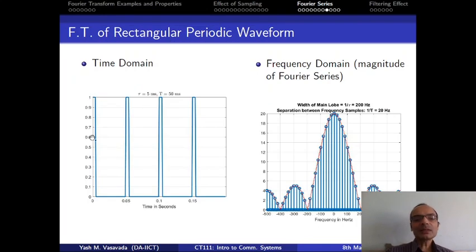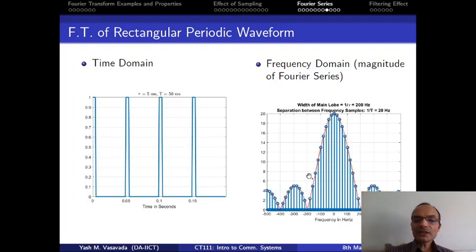I have a rectangular pulse, which is this here. The width of the pulse is 5 millisecond. And I have made this rectangular pulse periodic, whose period is 50 millisecond. Now, therefore, I get in the frequency domain a Sinc profile. This is the magnitude of the Sinc, and so negative values have become positive now.